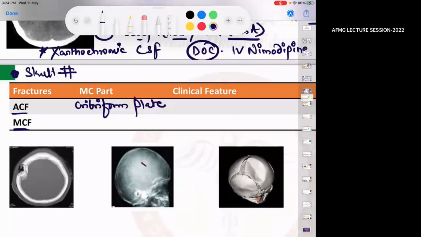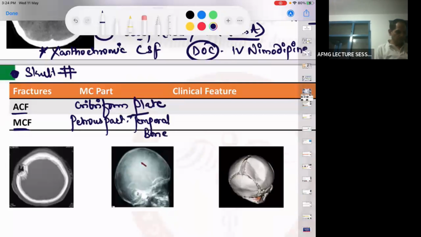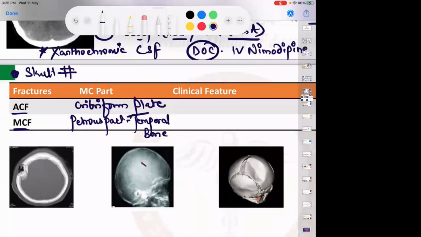The most common part fractured in MCFL is the petrous part of which bone?